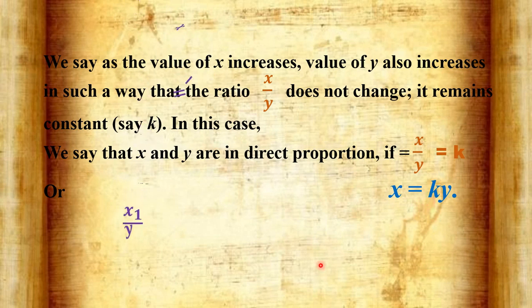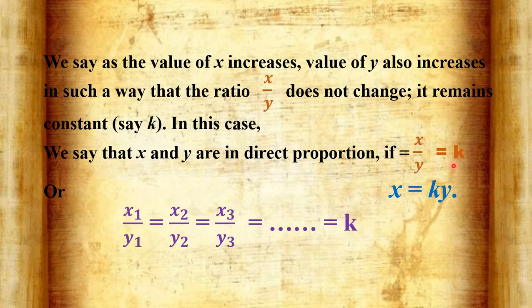That means, taking first quantity upon second quantity, x1 upon y1 is equal to x2 upon y2 is equal to x3 upon y3, and so on. All the ratios for the two related quantities are the same and equal to a constant.